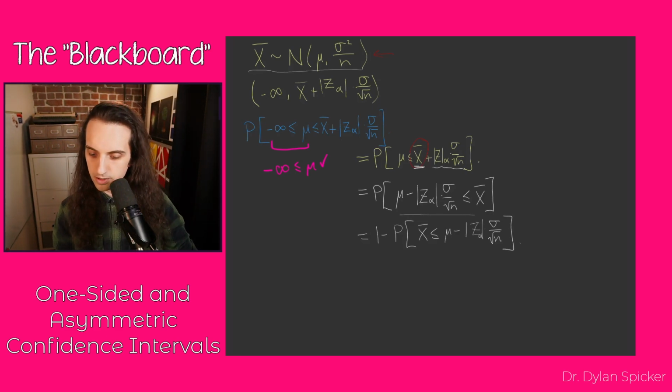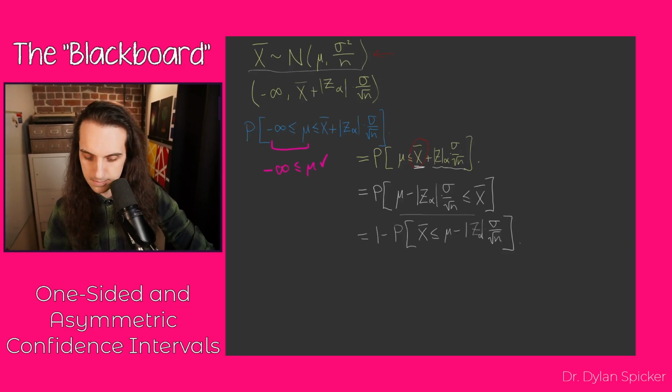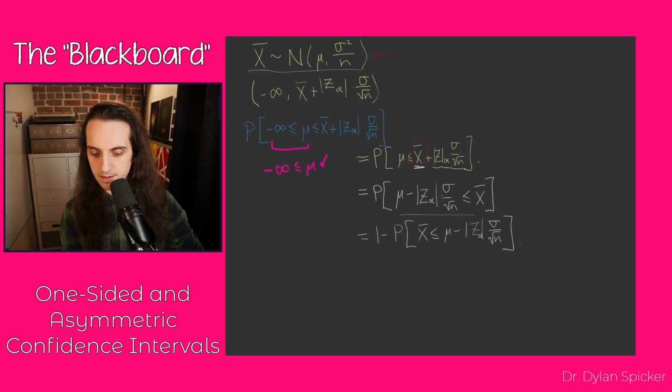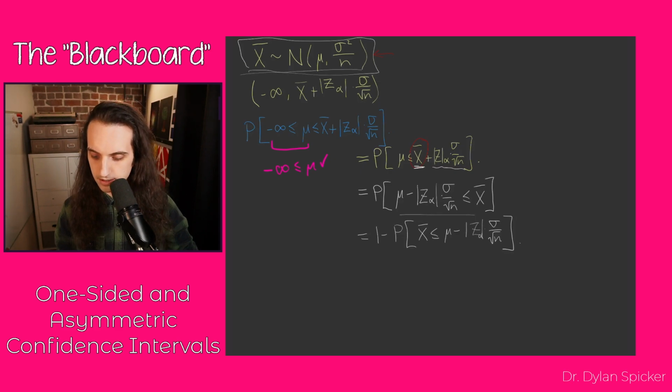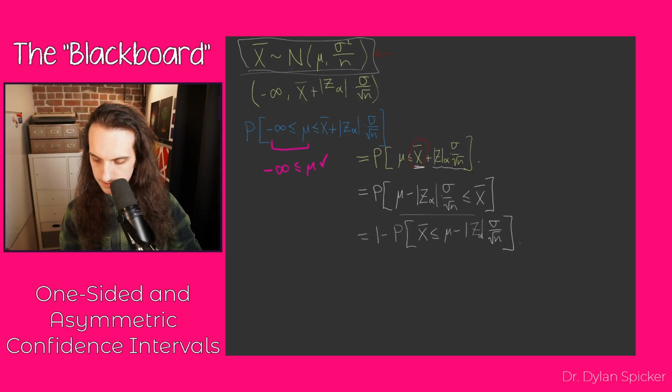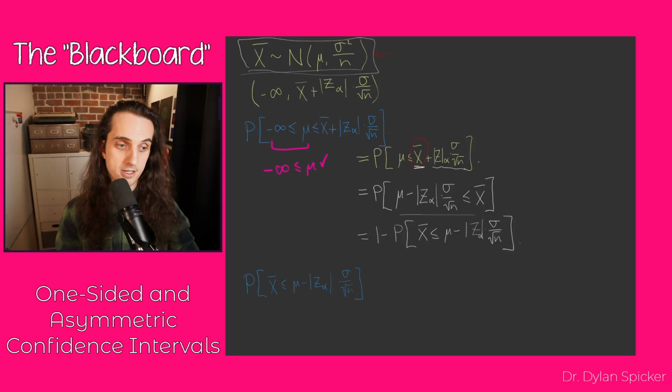Okay, and now we can start applying our normal probability rules, because at this point we're asking a probability question about the sample mean, where we know the sample mean is normally distributed. So what do we do from here? Well, the probability that x bar is less than or equal to mu minus z alpha times sigma over the square root of n, we can do our standardization procedure.